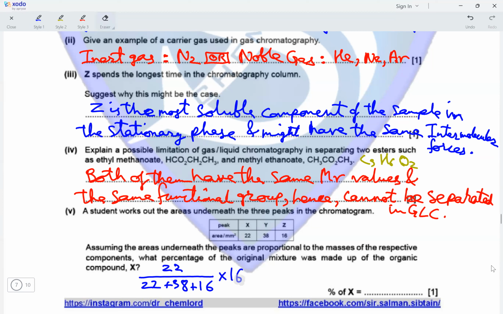And this would give us a percentage value of 28.95%. So the percentage of X in the sample is 28.95%.